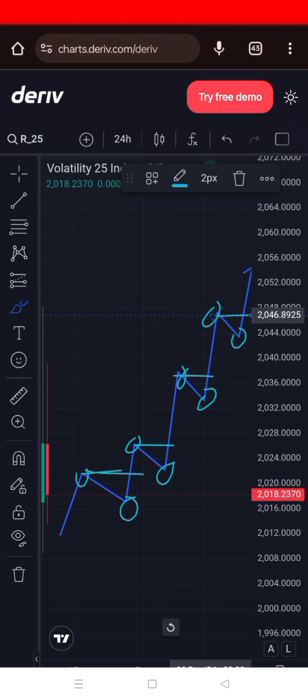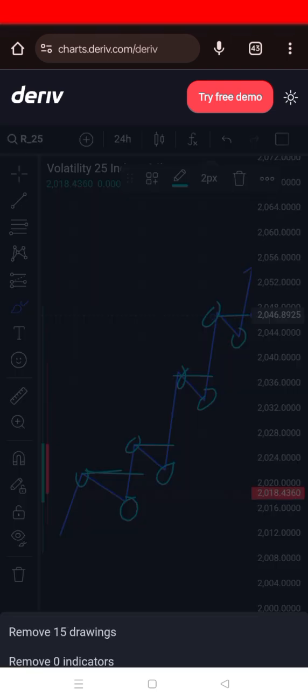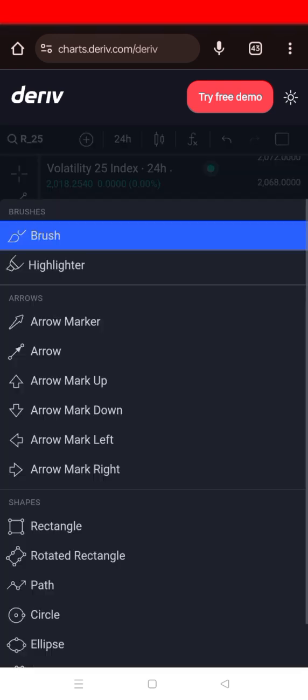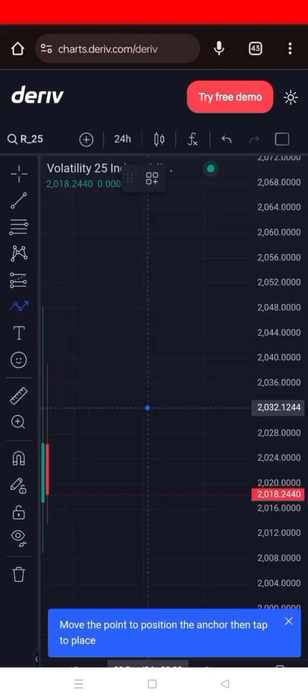So you can see how easy it is to know when we are moving in the up direction, and the BOS shows us that there is a continuation of the market in the uptrend.